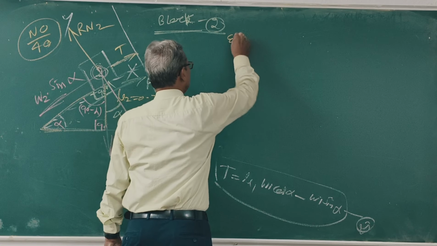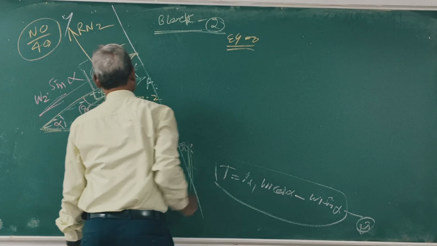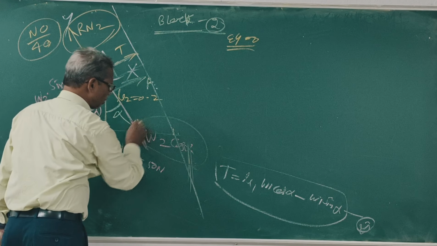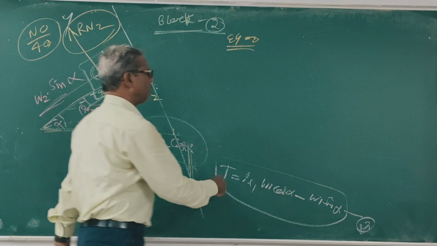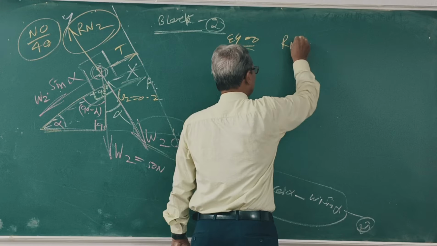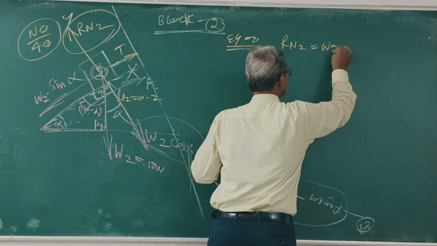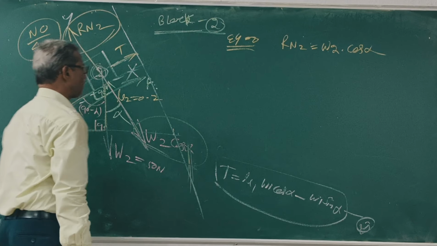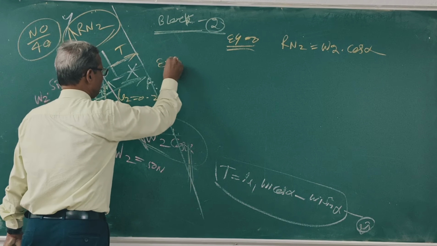So Rn2 is equal to W2 cos alpha. Clear? Rn2 is equal to W2 cos alpha. Similarly, sigma x is 0. What is sigma x?